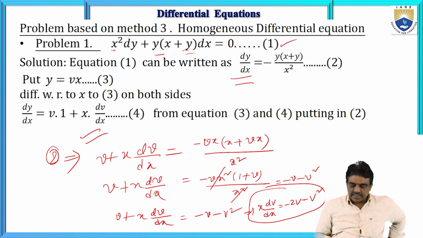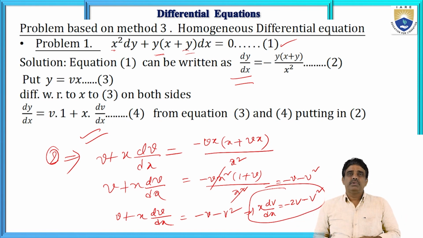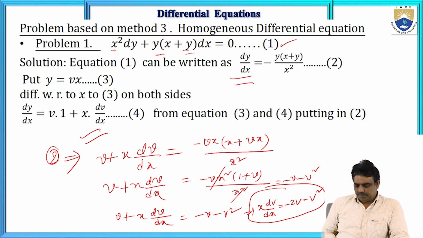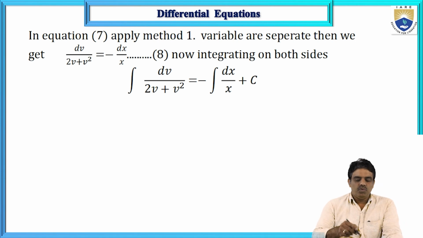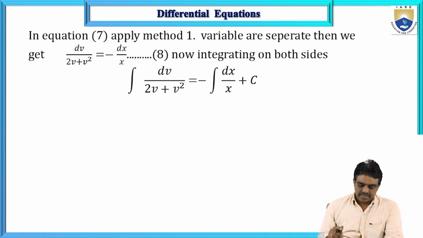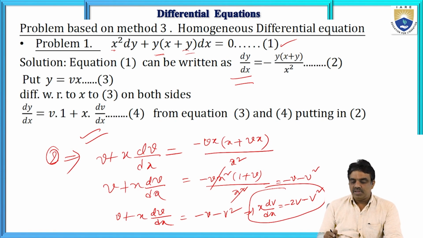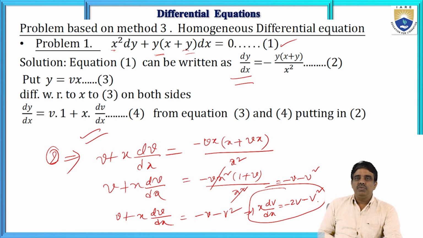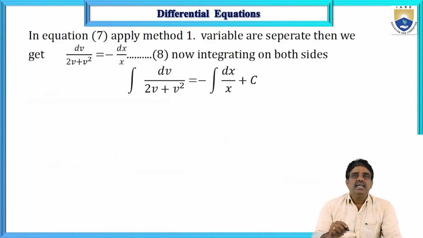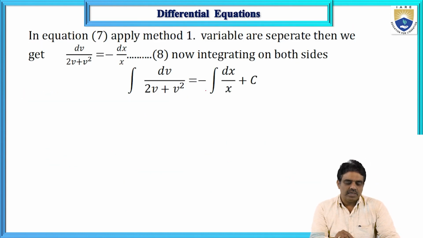So we'll go to the next slide. The solution is here, I think. So dv by (2v plus v square), as we have already seen in the previous slide, taking minus outside, is equal to minus dx by x. So dv by (2v plus v square) is equal to minus, as I have written on the right side.